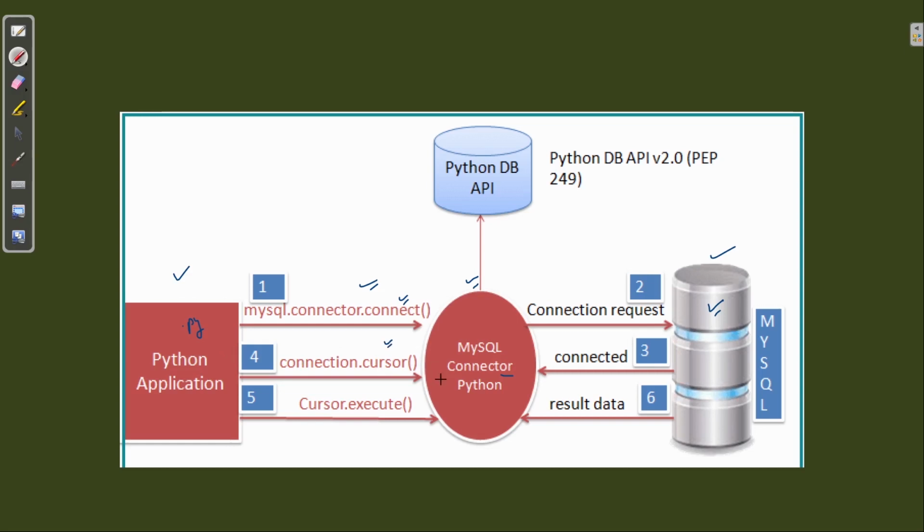I will not tell you now what the cursor function is used for, because I will explain that in the next slide. Till now just remember that first we call the connect function to try to connect, then the connection request is received, and if the connection is okay, it will be connected, then the cursor function will be called.